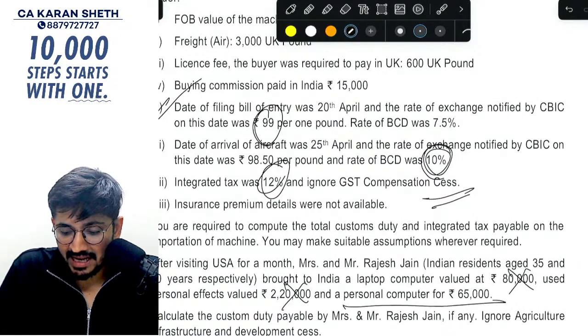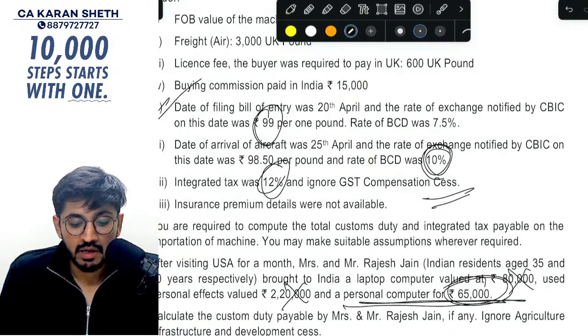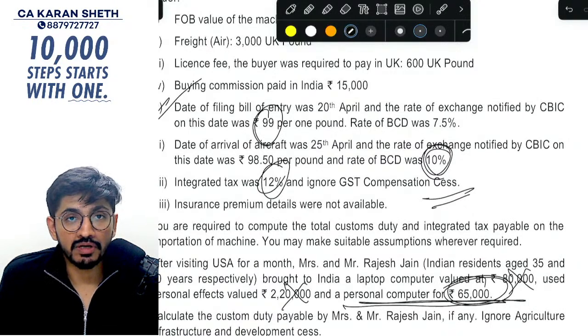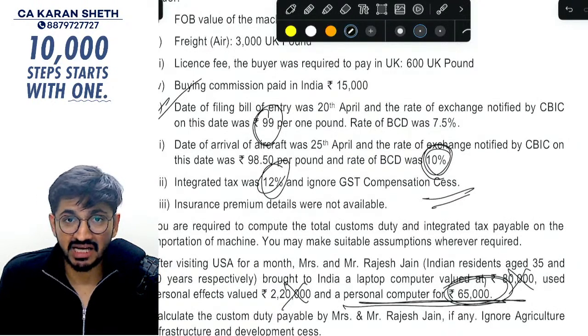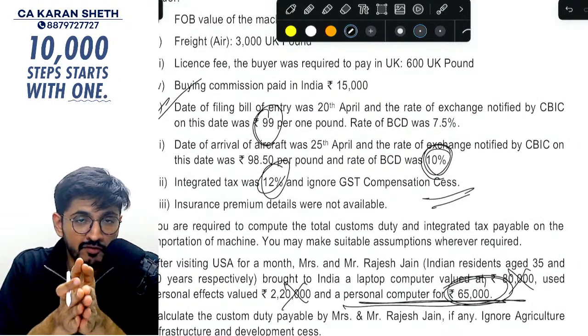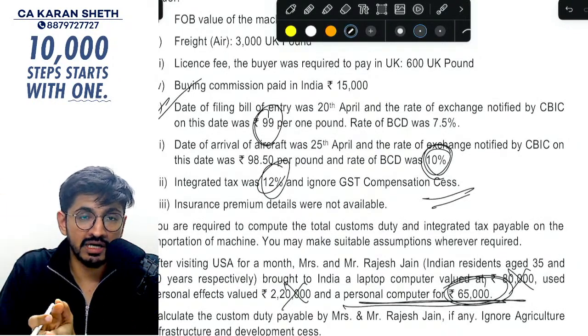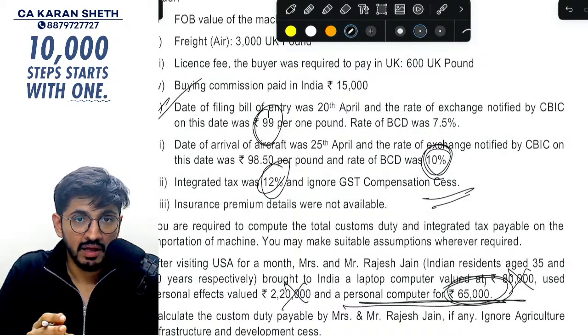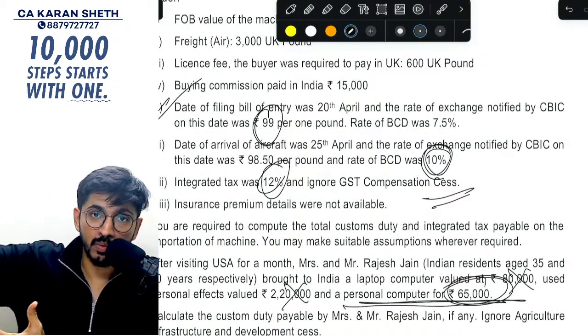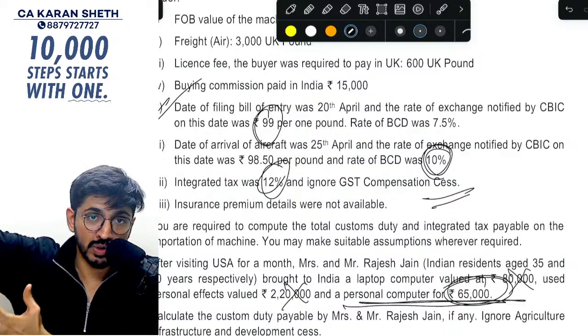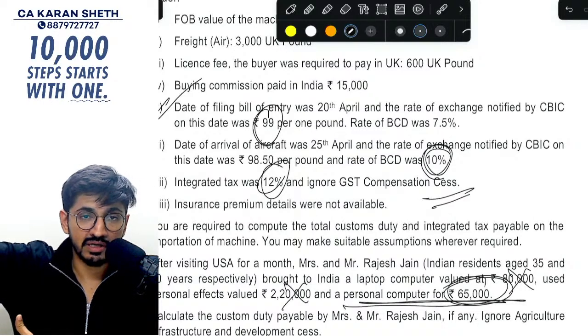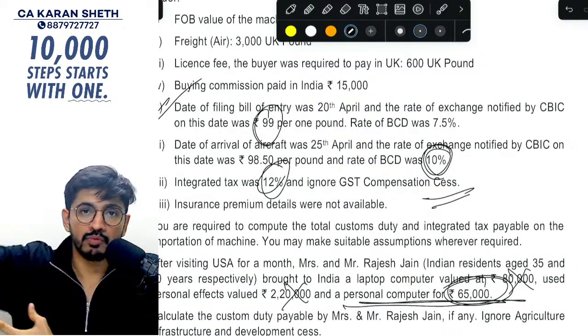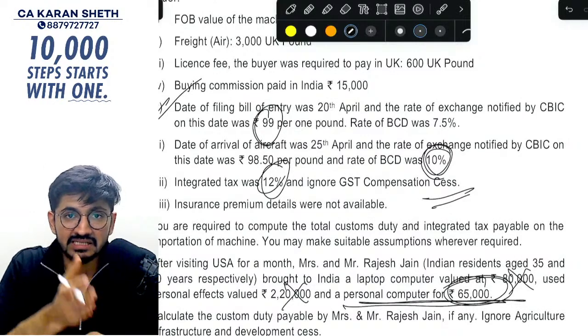Personal computer, 65,000. The point is, there are two people out here, Mr. and Mrs. Rajesh. Can we pool their limit of 50,000, because this is a country other than Bhutan, Myanmar, Nepal? Can we say that it happens to be 1 lakh and this is 65,000, so this is also under the general exemption limit that we are providing? The answer is no. We cannot pool the limits. It is respectively.